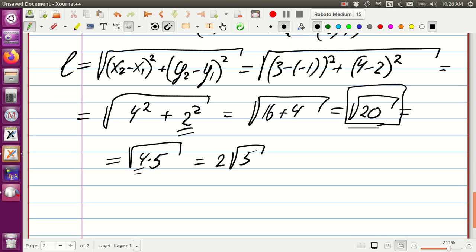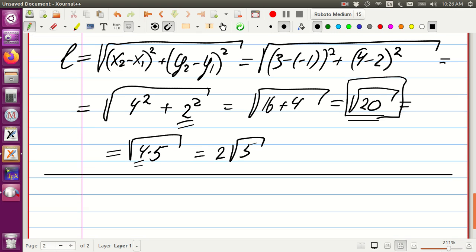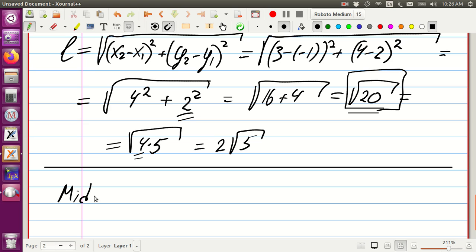And one last idea for the first week is a midpoint. So it's easy to find the midpoint between two values a and b. That's going to be just the average of the values, right?